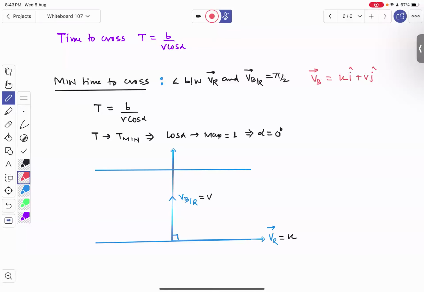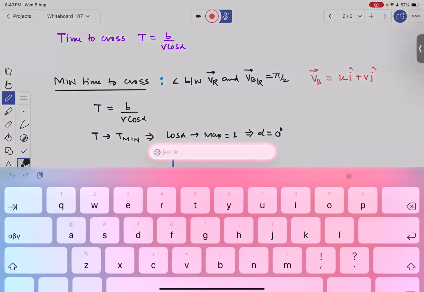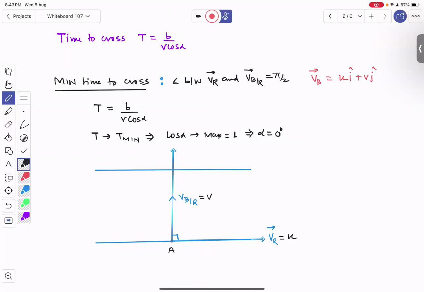In this case, if I have to find how much drift the boat will undergo, what really is happening: this is our point A, and this is our point A dash, the opposite point from where he starts moving.